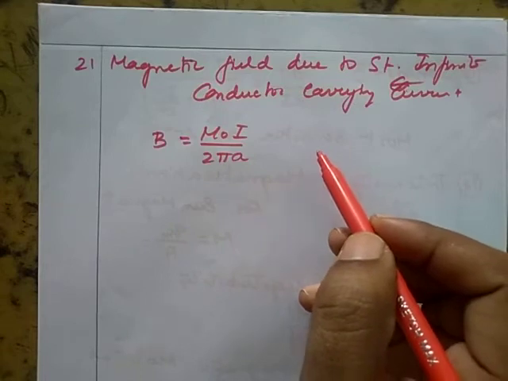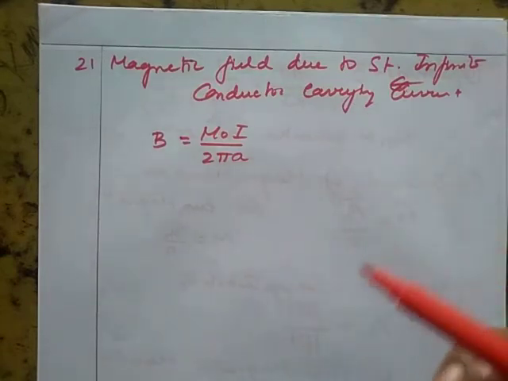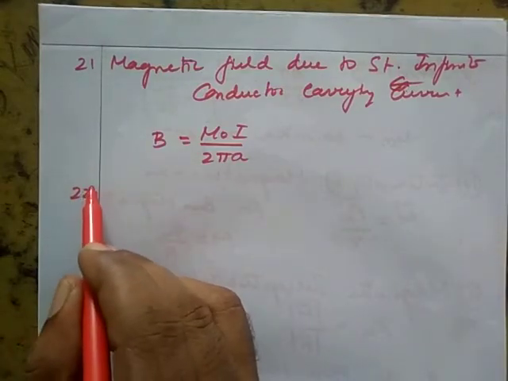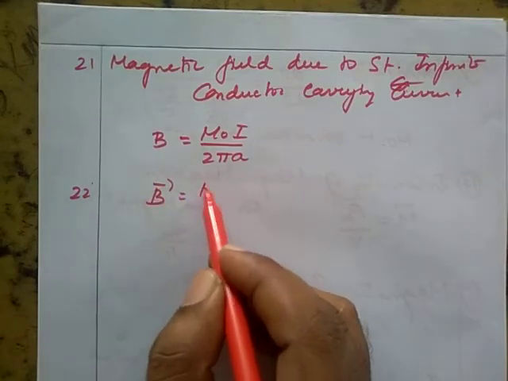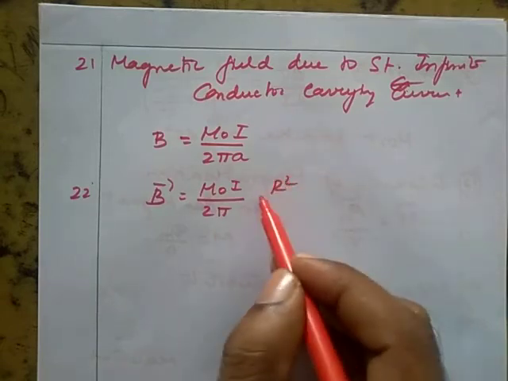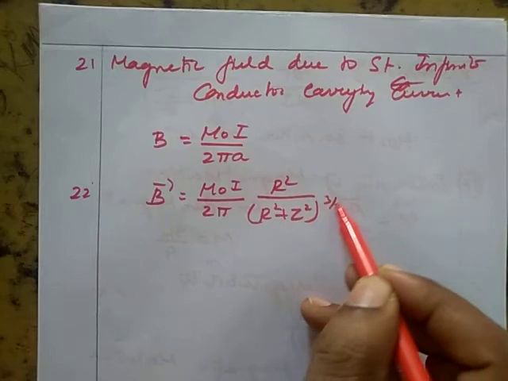Then the magnetic field due to a circular coil carrying current, that also we found using Biot-Savart law. That is B vector is equal to mu naught by 2 pi into R square by (R square plus Z square) power 3 by 2.